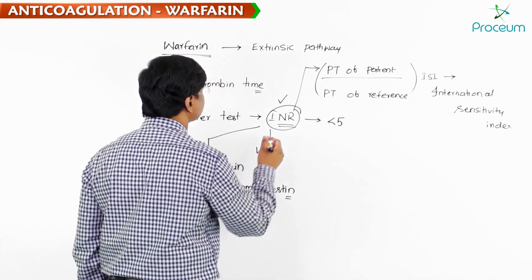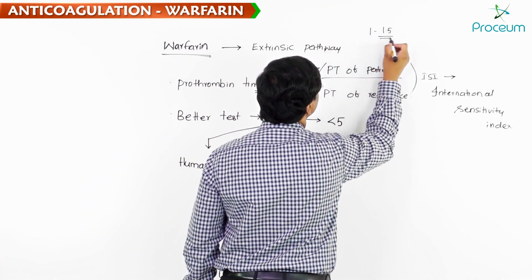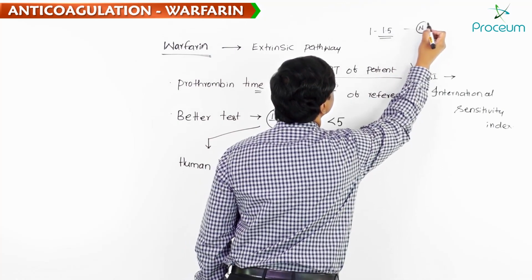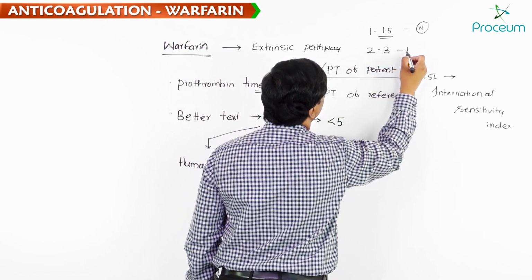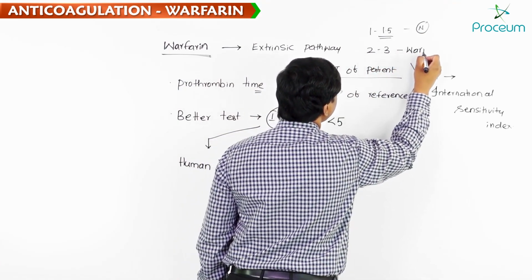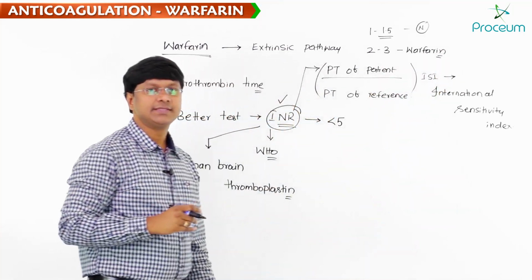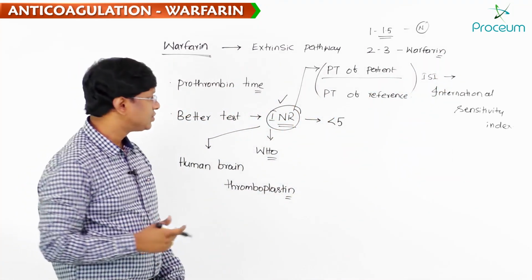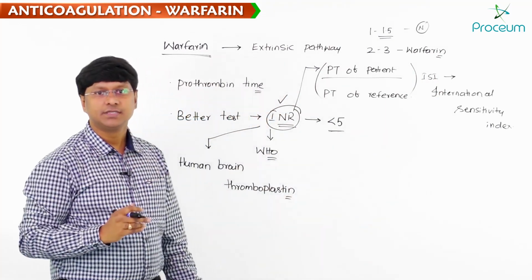What is the normal INR? Normal INR is 1 to 1.5. Whereas whenever you are giving warfarin, you need to maintain an INR of 2 to 3. So if the INR is less than 5, it is definitely above the therapeutic range.